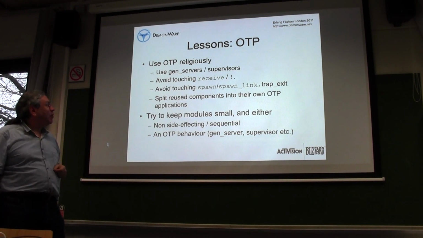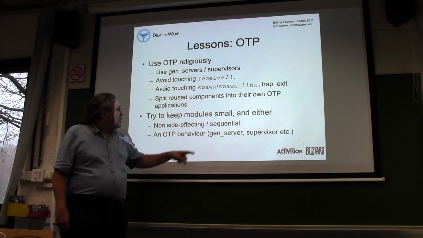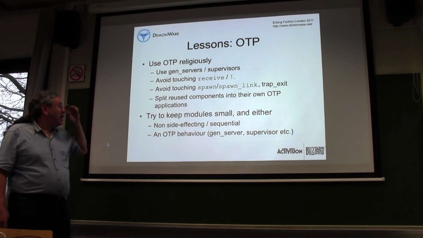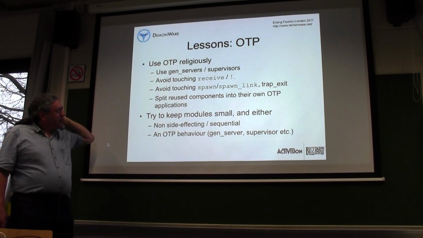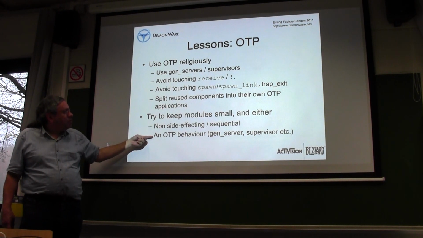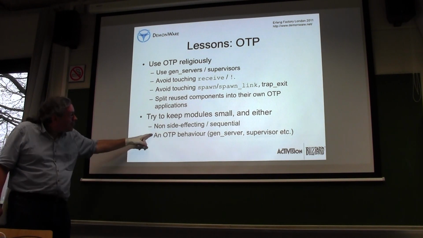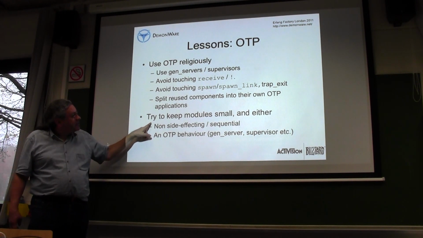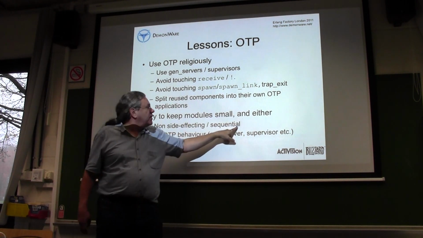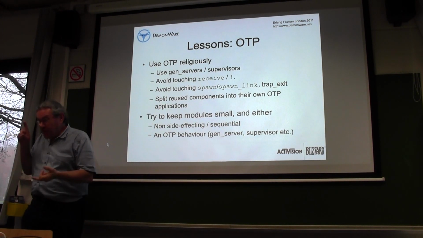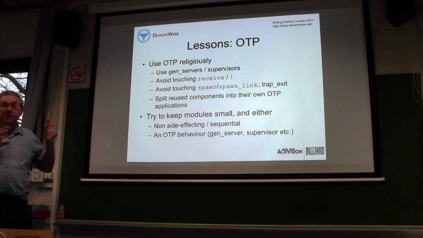They don't update global state. Keep them sequential. The concurrency is in the behavior, okay? So the modules can be OTP behavior modules, the specific modules, or simple, non-side effecting sequential modules. So all the concurrency, all the fault tolerance is done in the behaviors.